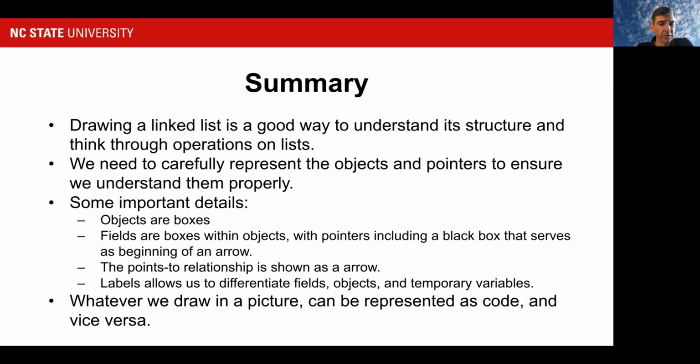Some important details that we talked about: objects are boxes, fields are boxes within objects, with pointers including a black box that serves as the beginning of an arrow. The points-to relationship, or the pointer relationship, is shown as an arrow. Labels allow us to differentiate fields, objects, and temporary variables so that we understand what they are, what they represent. And whatever we draw in a picture can be represented as code and vice versa.